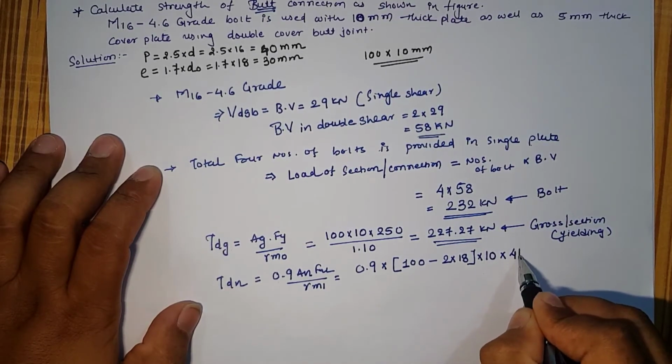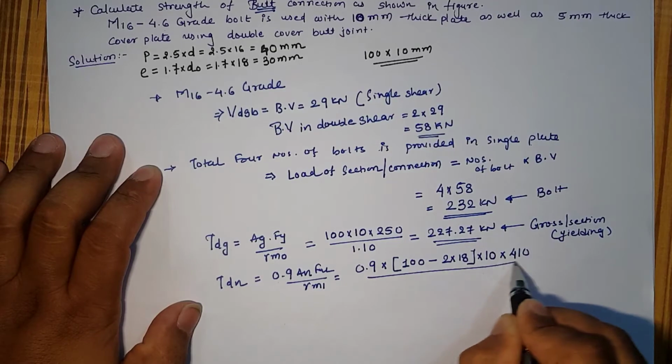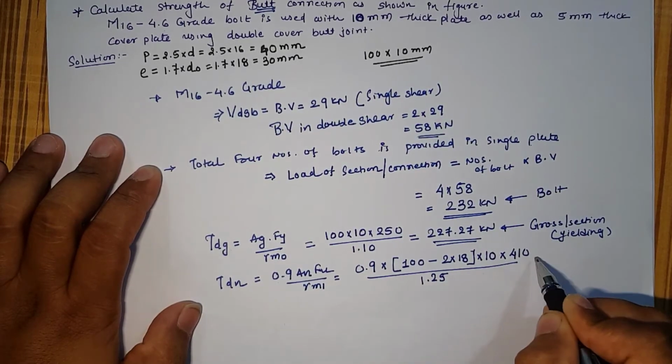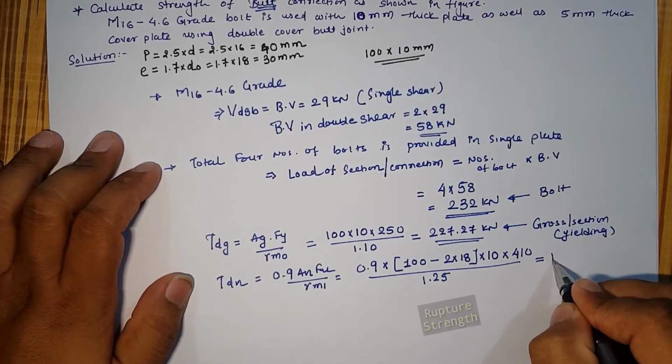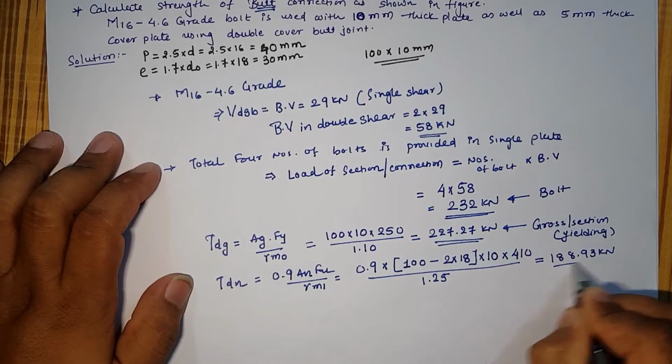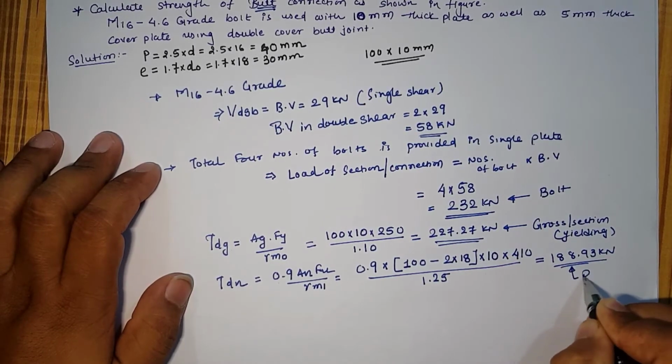Fu is generally we are going to use 410 divided by gamma m1, which is equal to 1.25, which is equal to 188.93 kilonewton. Now this value is for the rupture strength.